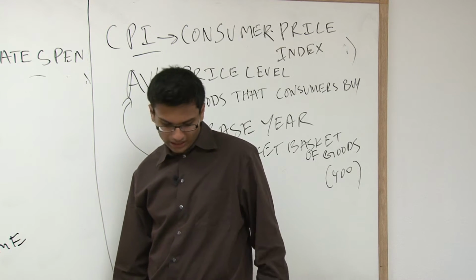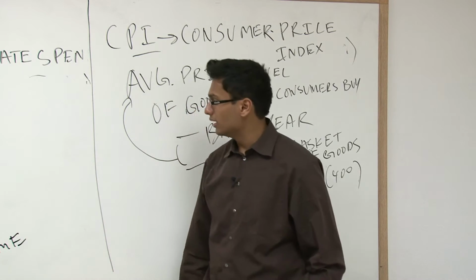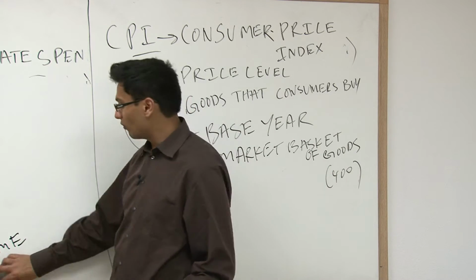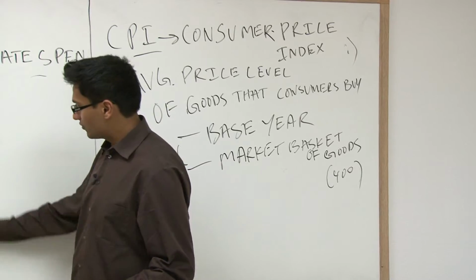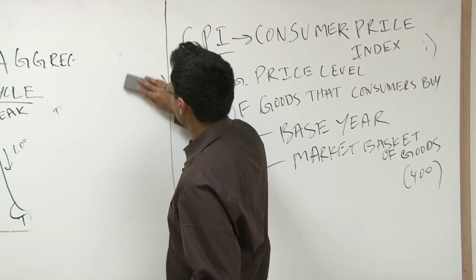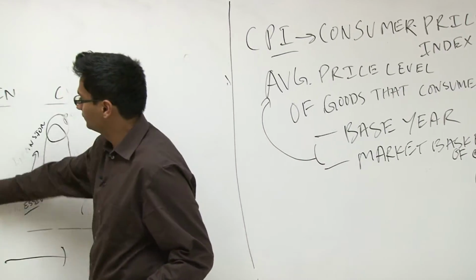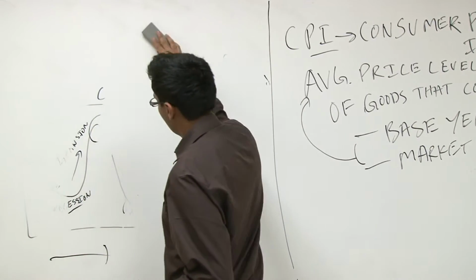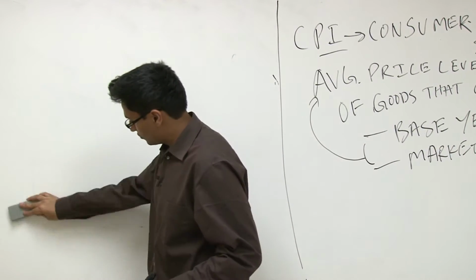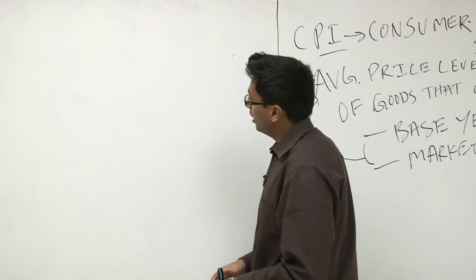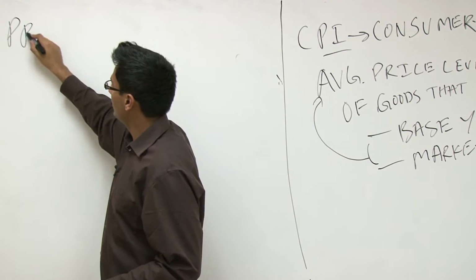So let me write it down again. I know we've talked about this formula before, but why not go over it one more time? So let's figure out the equation for the price index. Price index is written as follows.